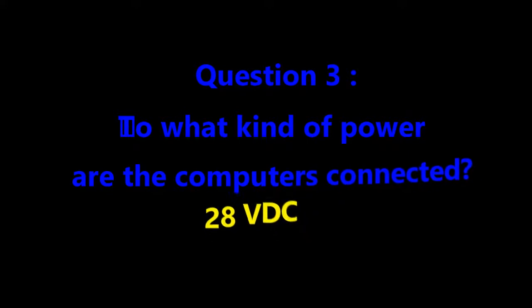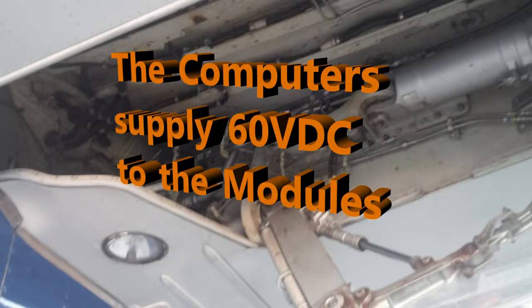They're routed specifically so that the computers can have the power supply. When one of the primary computers is operating correctly, it's going to be supplying 60 volt DC to the flight control remote modules that are installed on the actuators.